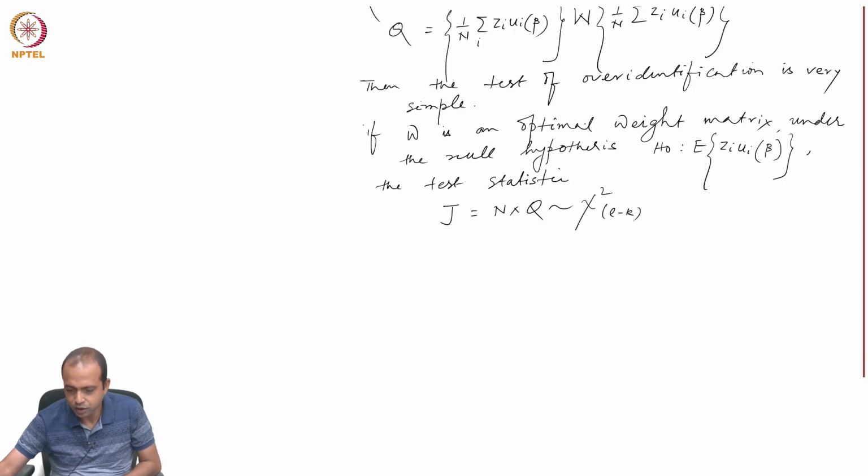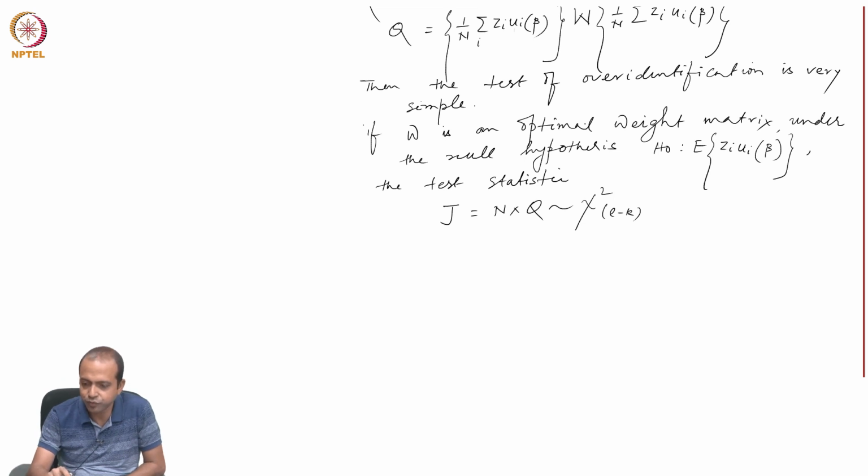Right. So, I am multiplying the total number of observations with this Q. Q is basically the quadratic loss function, right.